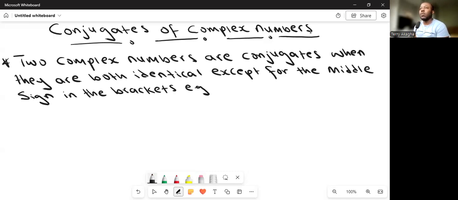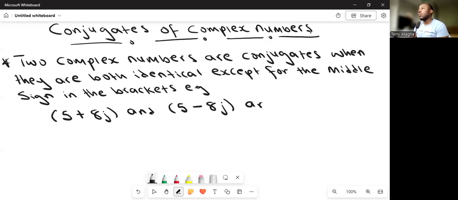So let's assume we have 5 plus 8j, okay? And the conjugate should be 5 minus 8j. So these two are conjugates. Does that make sense?